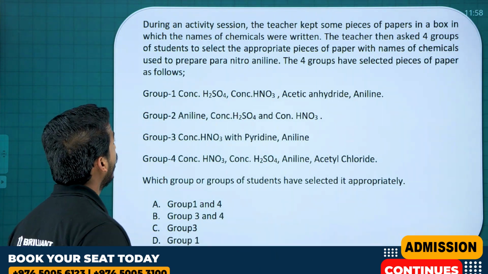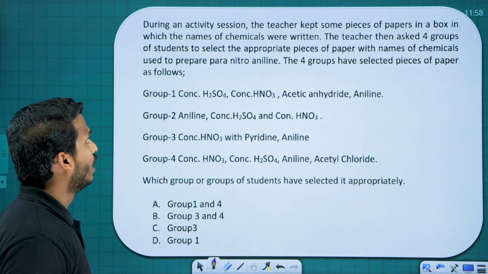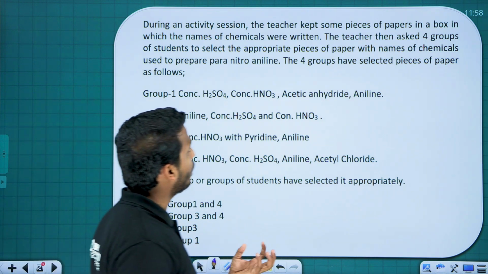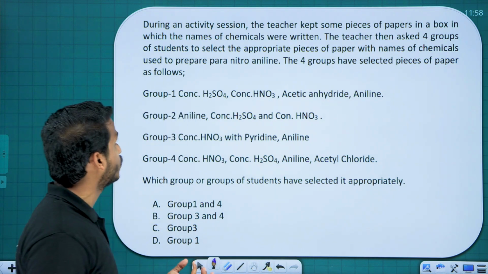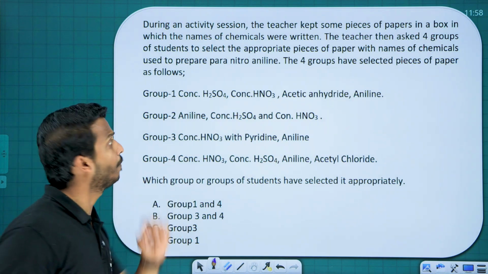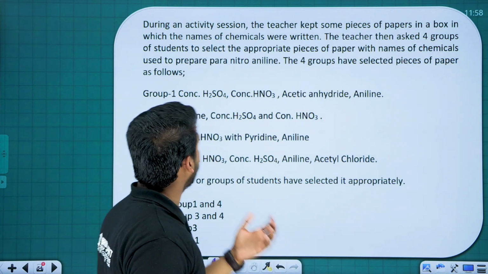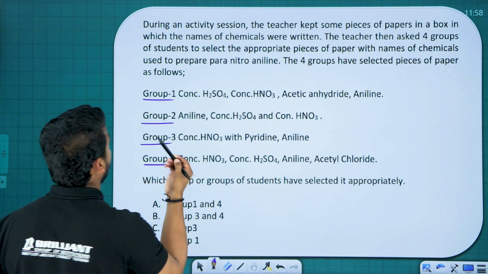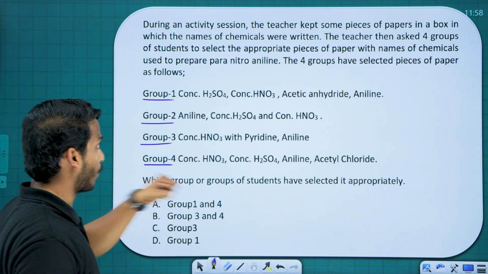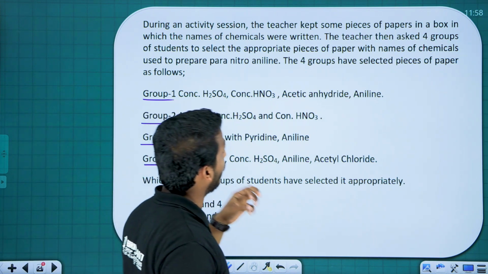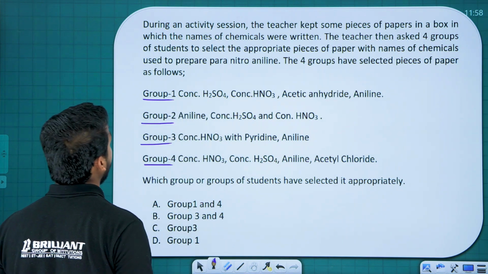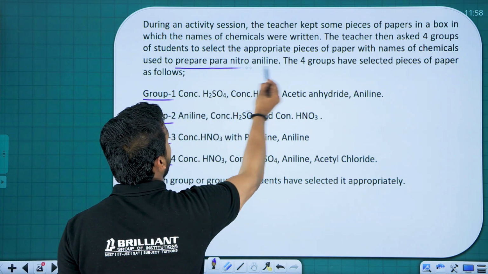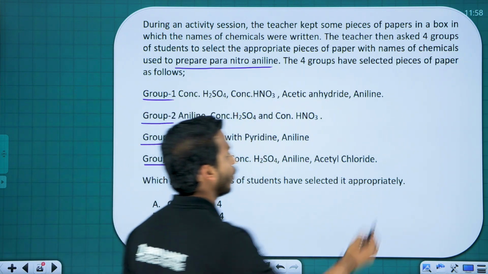Next. During an activity session, the teacher kept some pieces of paper in a box in which the names of chemicals were written. The teacher then asked 4 groups of students, group 1, group 2, group 3, group 4, to select the appropriate pieces of paper with the name of chemicals used to prepare para-nitroaniline. So what is the product you want here?